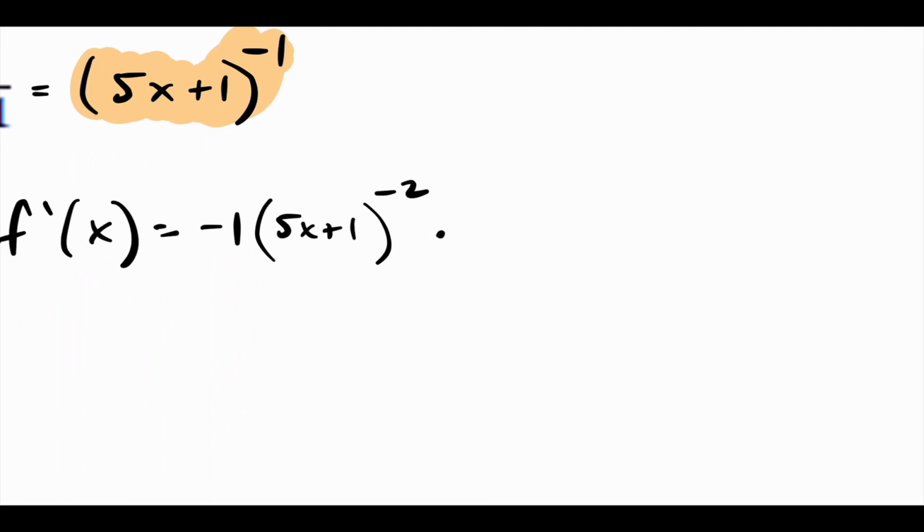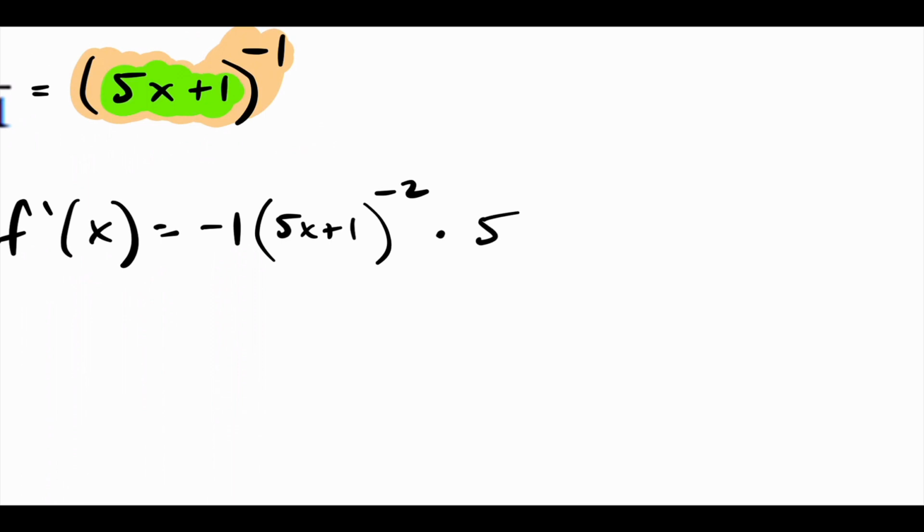Now we do the inside. What's the derivative of the inside? 5. Calculus is done. For all intents and purposes, that's the derivative. But I'm going to clean it up a little bit. I have the -1 in front times 5.